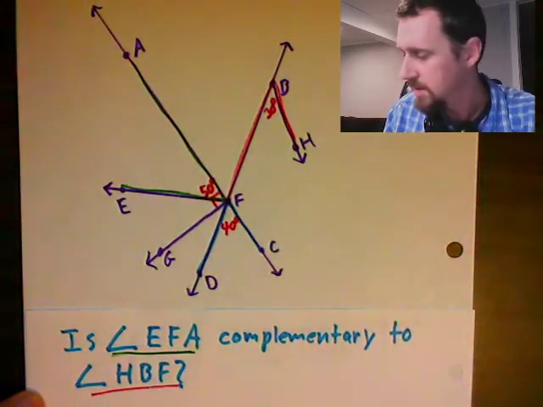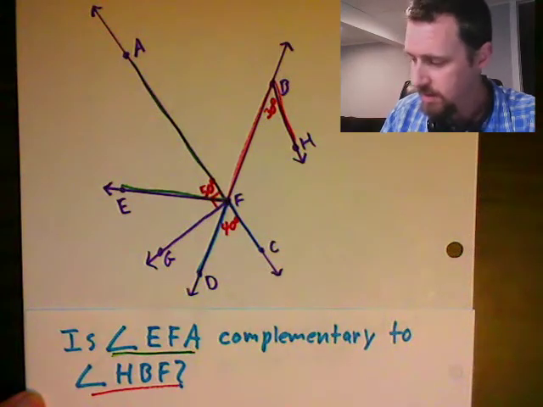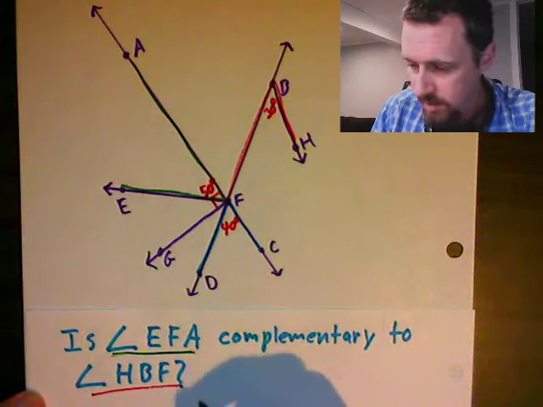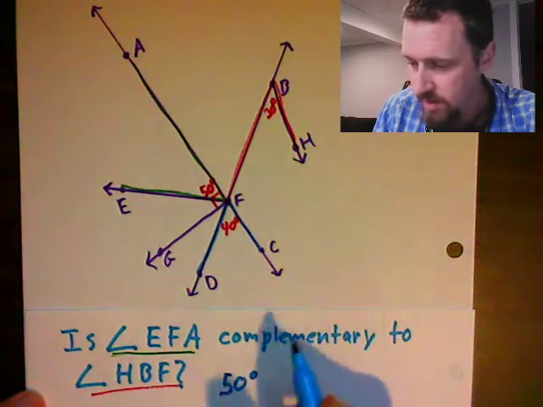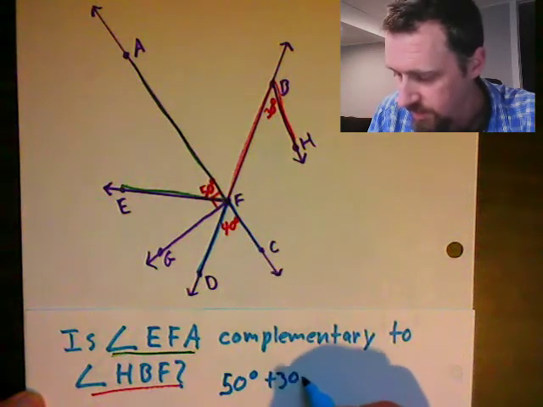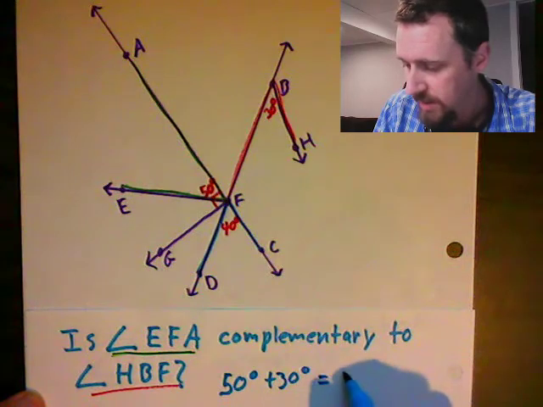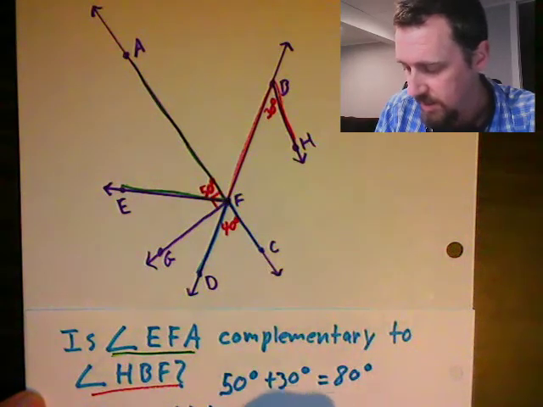Alright, let's see. Looks like EFA is 50 degrees and HBF is 30 degrees, and those add up to 80 degrees, so this is not.